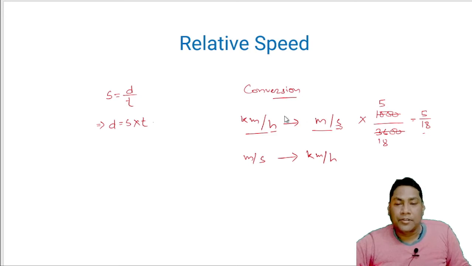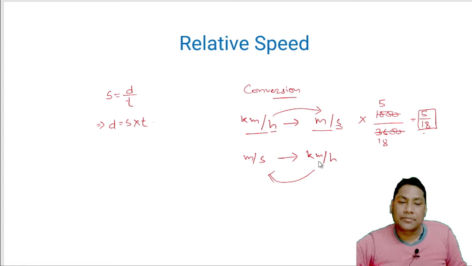So for converting from kilometer per hour to meter per second, we multiply by 5 by 18, and for the reciprocal, from meter per second to kilometer per hour, we multiply by the reciprocal of it, that is 18 by 5.